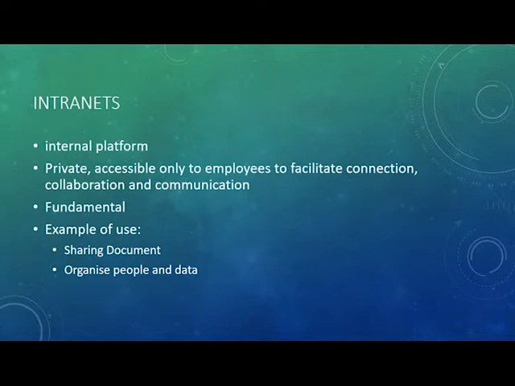It is a private, secure network accessible only to employees, and is designed to facilitate connection, collaboration, and communication, as well as streamline business processes. For example, it can be used in sharing documents within the company or to help organize people and data. It is very fundamental to a company's internal workings.